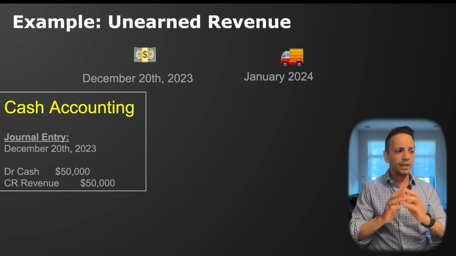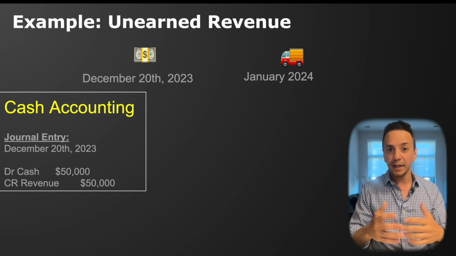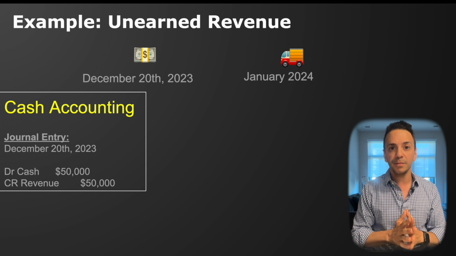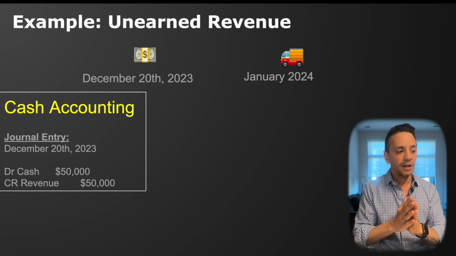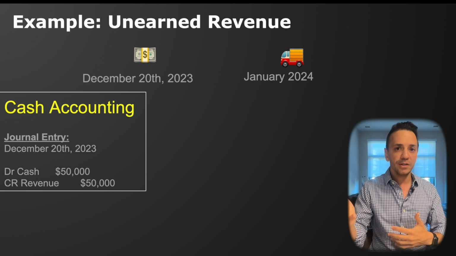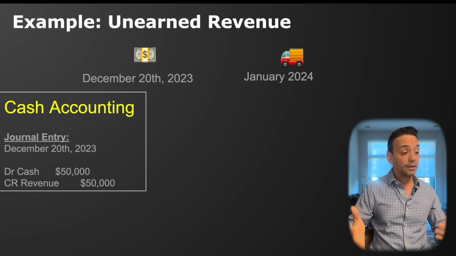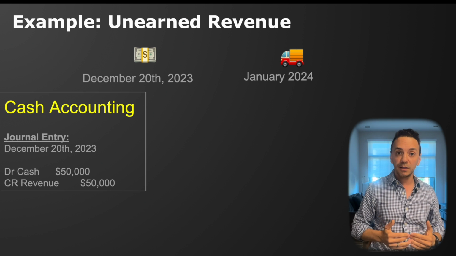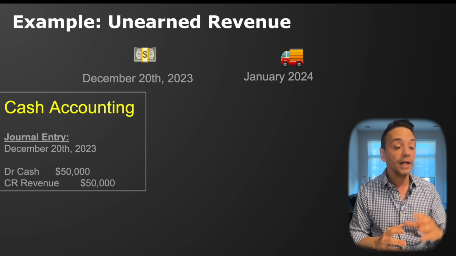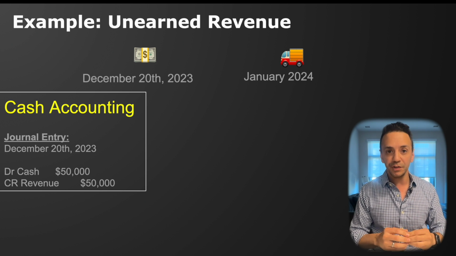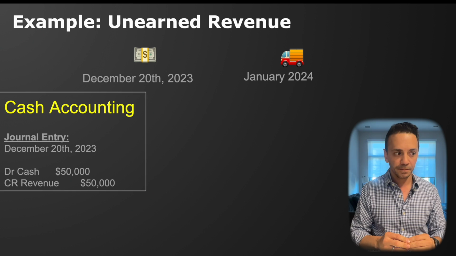So under cash accounting, which is used by smaller companies and companies that follow cash accounting for tax purposes, which aren't many, the journal entry will be easy because we're following the cash. The cash is received December 20th, 2023. The recording is going to be a debit to cash in December and a credit to revenue in December.